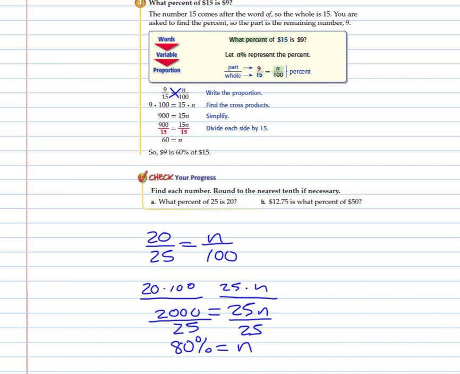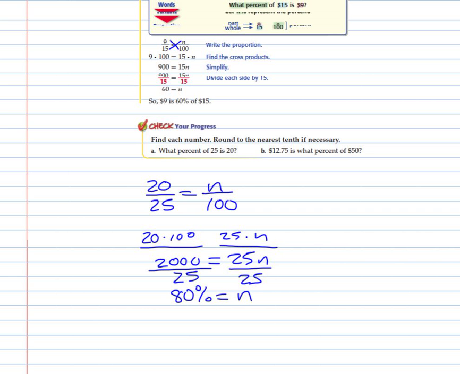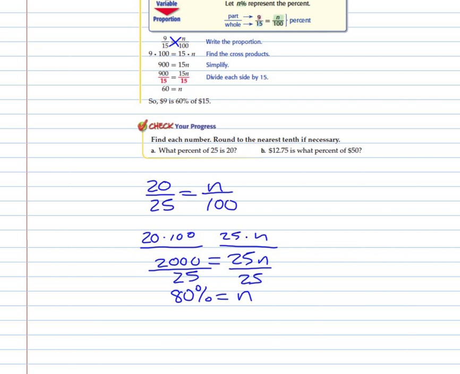In my second example, it says $12.75 is what percent of $50? So again, it's $12.75 over 50 equals n over 100. Cross products would be 1,275, these two cross products, equals 50n.